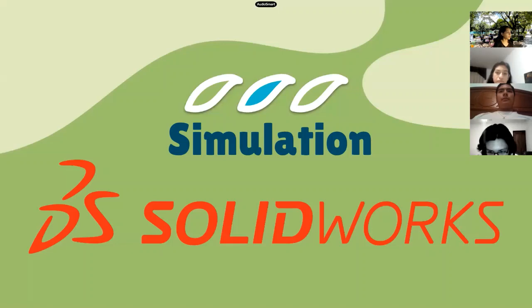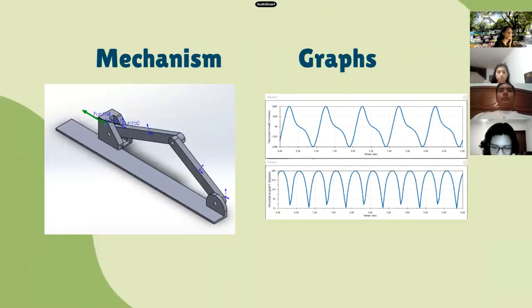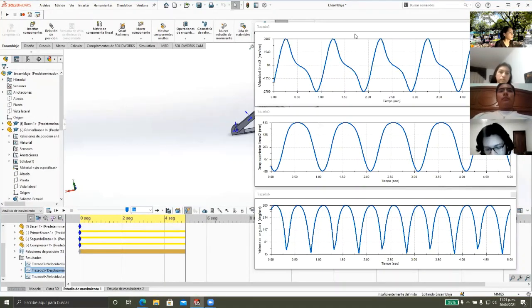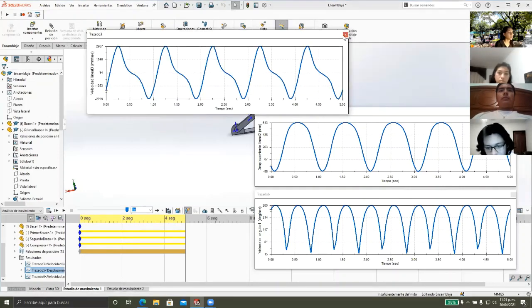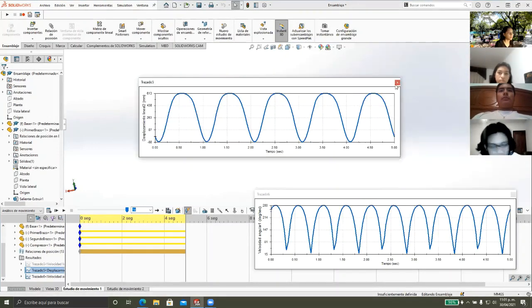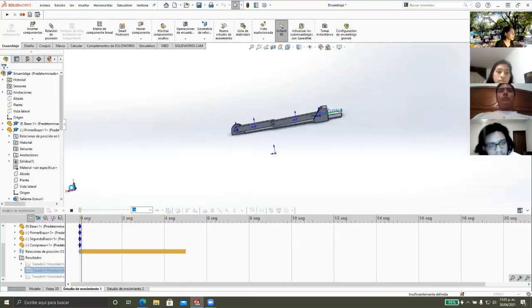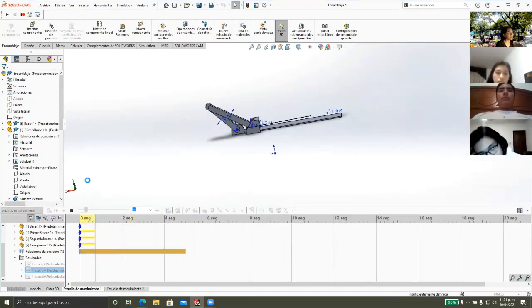And now we go to the SolidWorks simulation. As you can see, this is our mechanism, and these are the graphs that we should be obtaining. So we're going to watch the simulation, and we will later reopen our graphs. As you can see here, we are recalculating all the graphs.